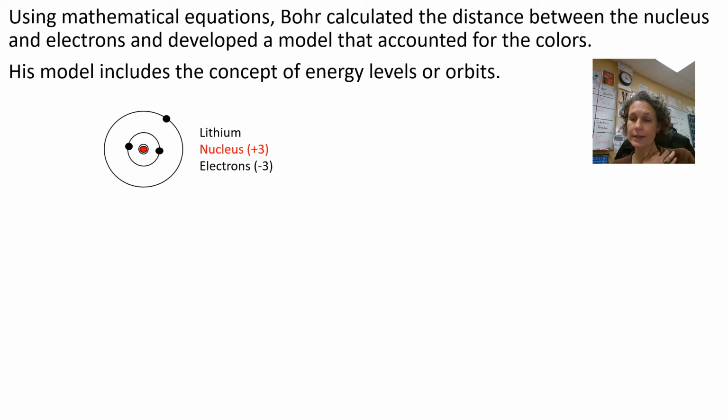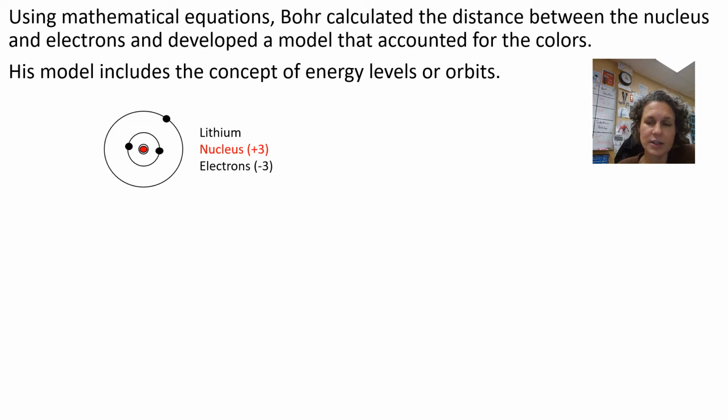So his doesn't look that exciting anymore, but it should look a little bit more familiar. And Bohr went through and did math, and he calculated the distance between the nucleus and where the electrons were, and developed a model that accounted for all those different colors and the distance from the electron pathway to the nucleus and included that in his model. So now in this one, the nucleus is right there in the middle.